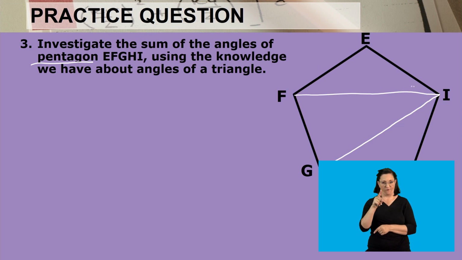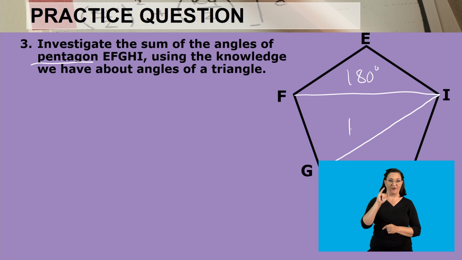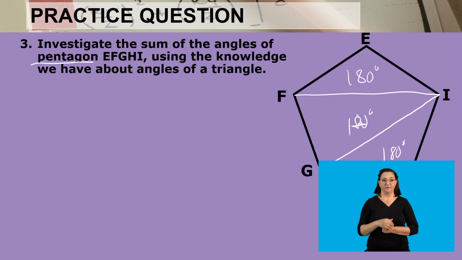Triangle EFI equals 180 degrees. FIG equals 180 degrees. And triangle GHI also equals 180 degrees. So it's 180 plus 180 plus 180 degrees.